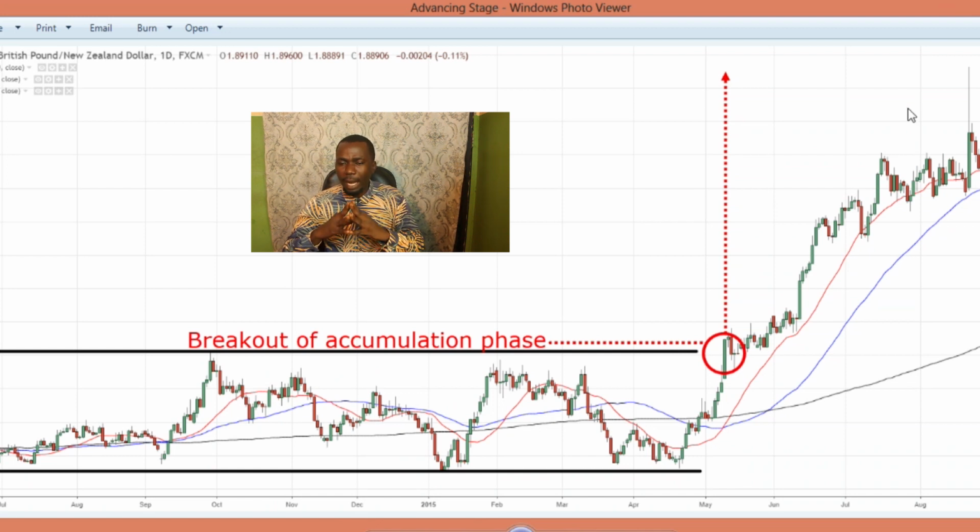So once you enter the advancing stage, which is the uptrend, you are only meant to trade in the direction of the trend. After that, the market will also make a range in the uptrend, because a market cannot go up forever. Sometimes the market will go up and then just break down.